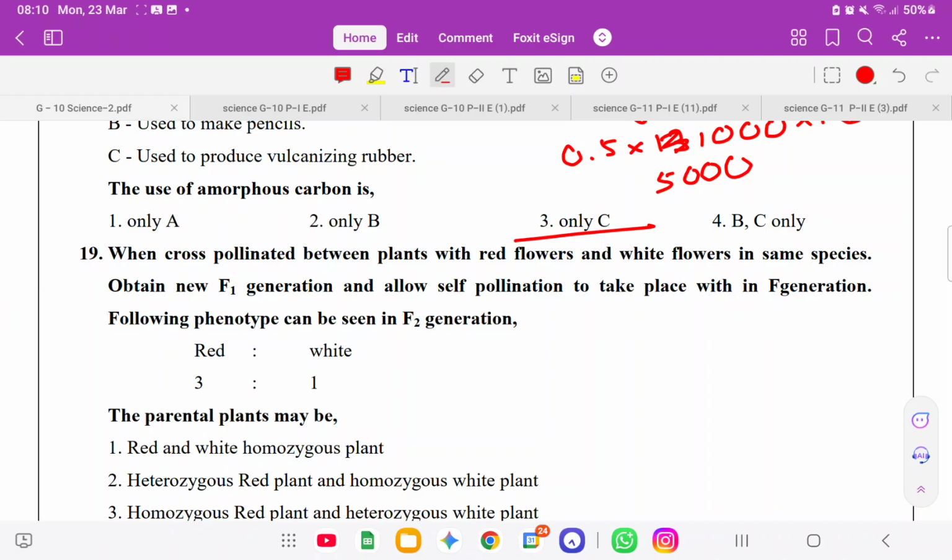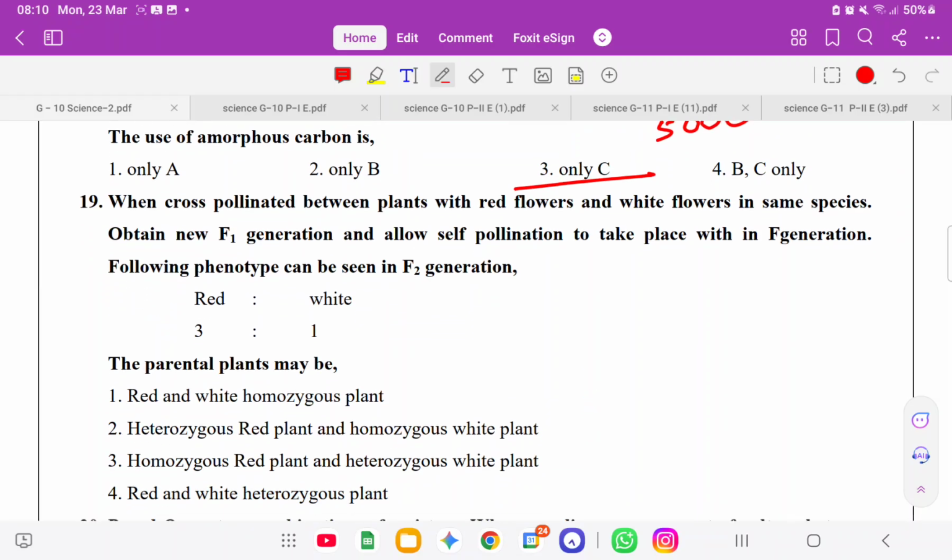Right? 19th one: when cross-pollinated between plants with red flowers and white flowers in the same species, obtain a new F1 generation and allow self-pollination to take place within the F1 generation. The following phenotype can be seen in the F2 generation: 3 to 1.